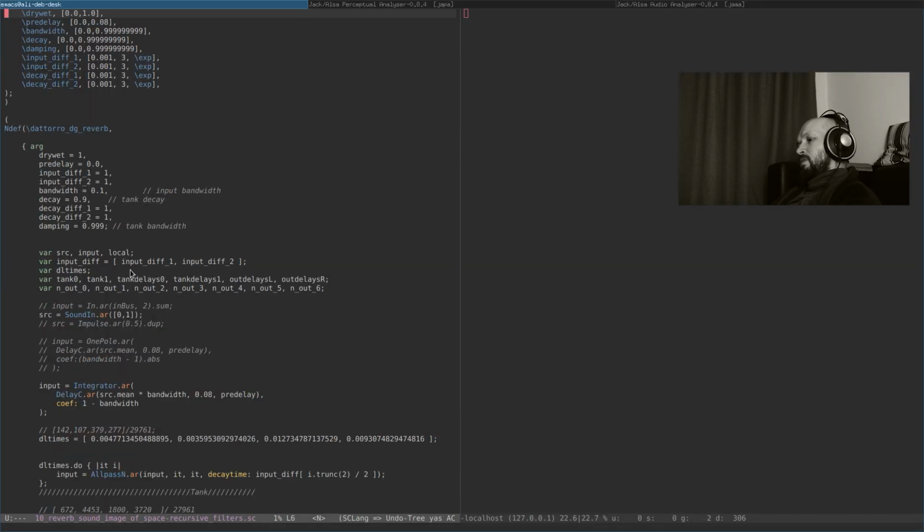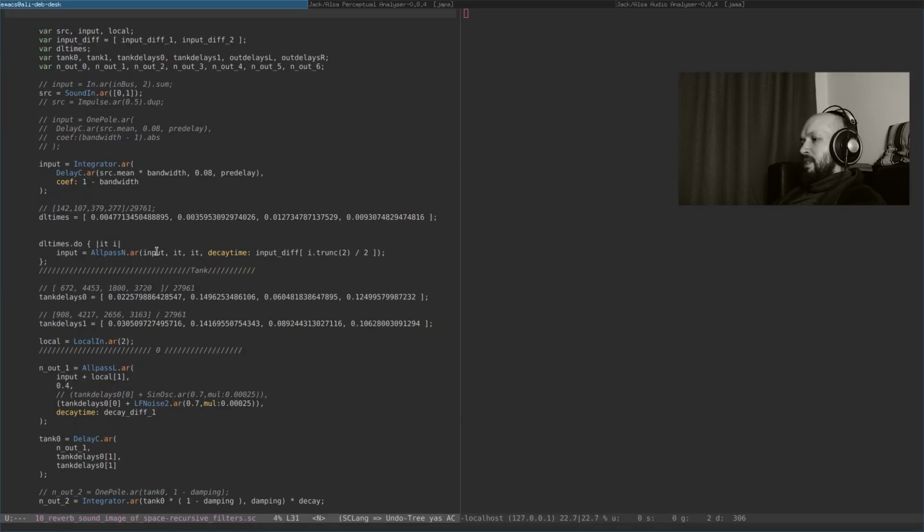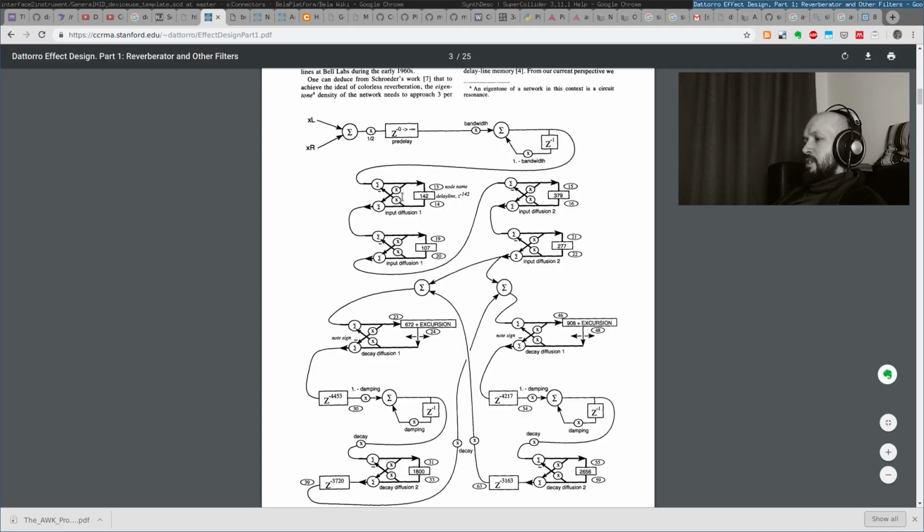If we take AllpassN, we see that we have the input signal, then the maximum delay time to allocate the memory for this unit generator, the actual delay time, and the decay time parameter. This decay time parameter is used, as well as the delay time parameter, to calculate the actual feedback.